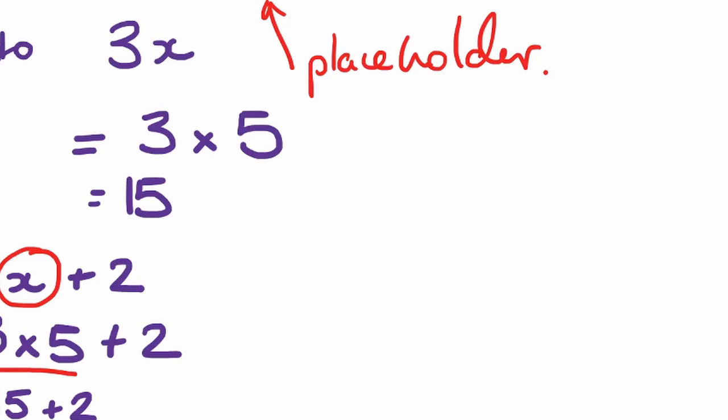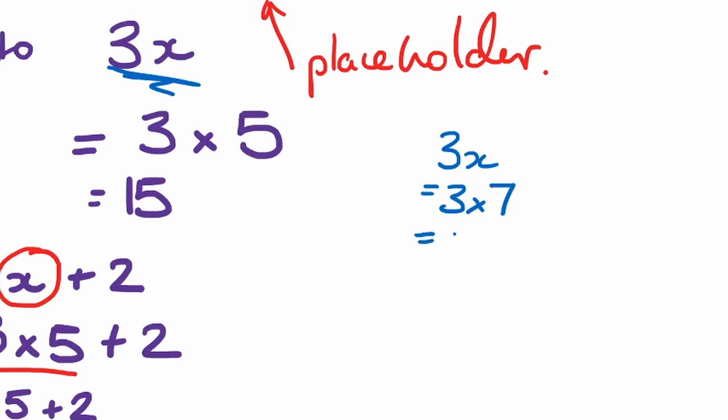If I want to change it and make it, let's go 7. I'll just do this in blue. So 7 would be the new value, and we would go 3x. Well, let's just substitute it into this one first. So 3x is equal to 3 times 7, which is 21.